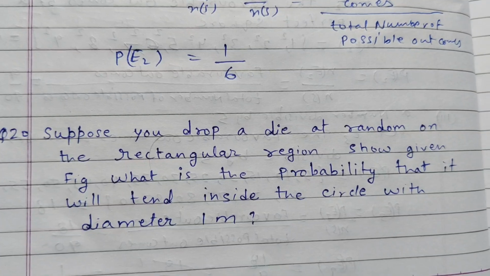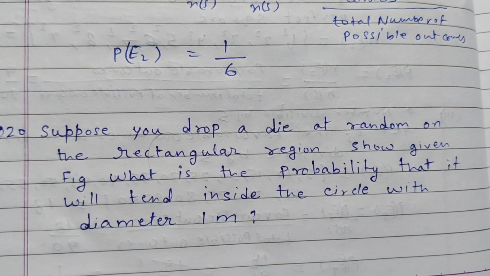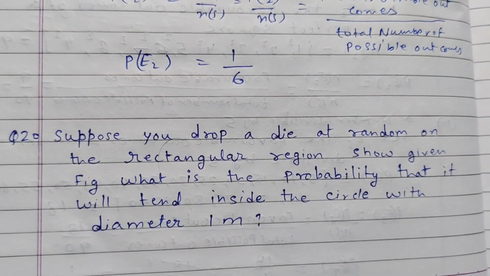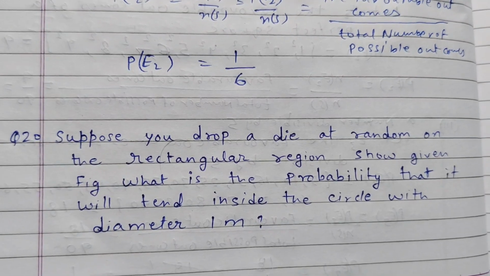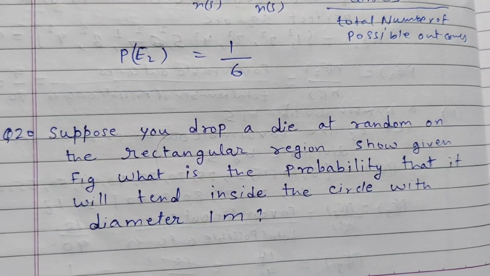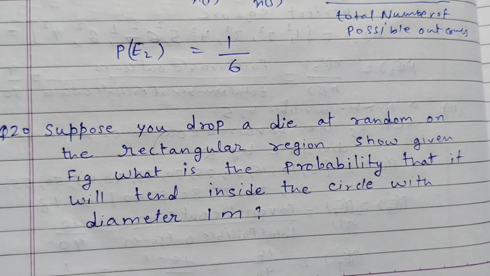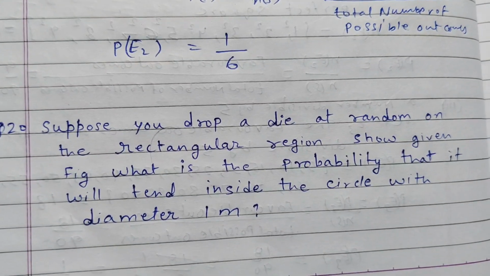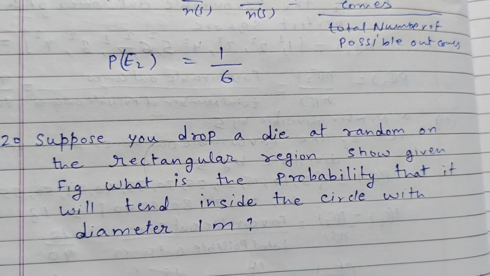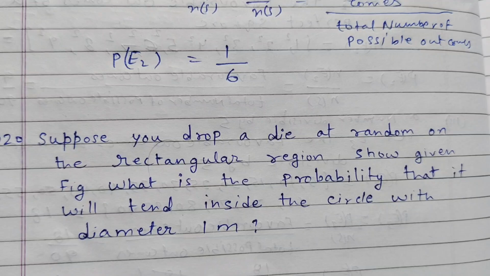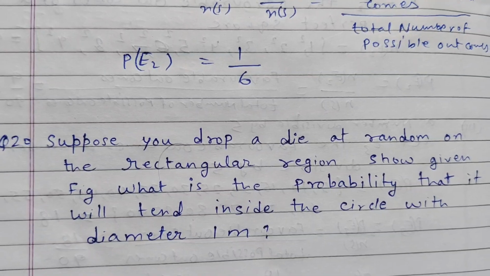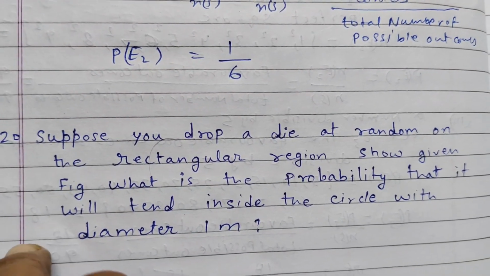What is the probability that it will land inside the circle with diameter 1 meter? क्वेश्चन नंबर जो 20 है उसमें एक डाई को ड्रॉप करते हैं. रीजन हमारे पास रेक्टेंगुलर रीजन है, उसके अंदर एक सर्कल है और सर्कल का डायमीटर हमारे को 1 मीटर दिया गया है. तो हम इसे सॉल्व आउट करते हैं. डाई इनसाइड इट विल बी लैंड इनसाइड द सर्कल विद द डायमीटर 1 मीटर. तो डाई को सर्कल के अंदर होने की हमें प्रोबेबिलिटी निकालनी है, तो हम इसको सॉल्व आउट करते हैं.